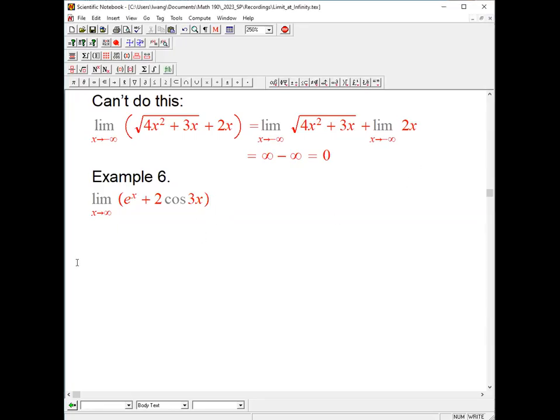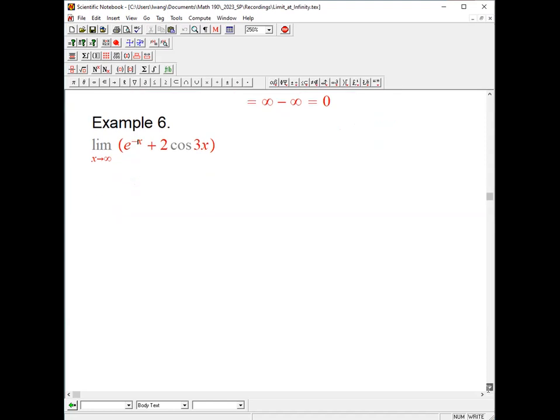In this example, let me make sure I copy the question correctly. This is a negative x here. What will be the limit? And we take limits separately. When we look at the individual limits, as x goes to infinity, let's just think about it. I'm working this out on the scratch paper.